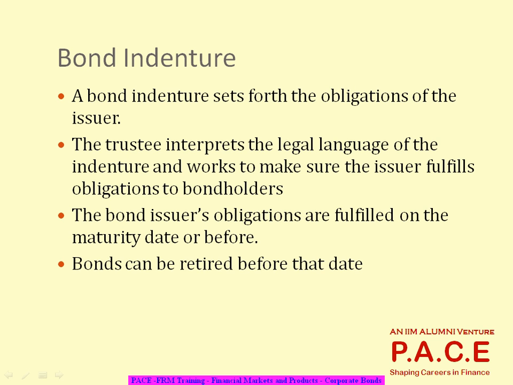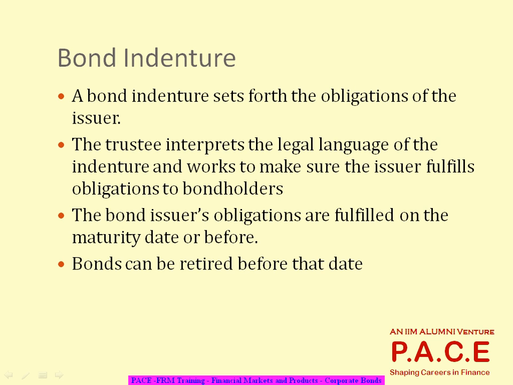Looking at a bond, the initial thing that comes is an indenture, which contains all the details of the bond, the obligations of what the issuer will be doing and will not be doing, the do's and don'ts of the issuer.